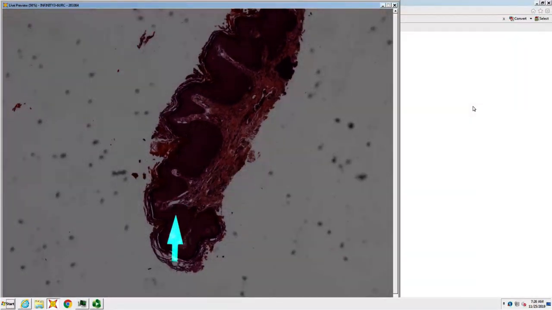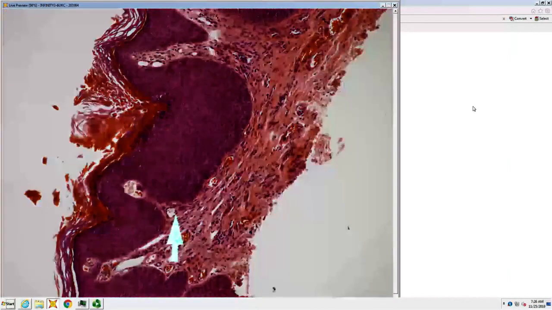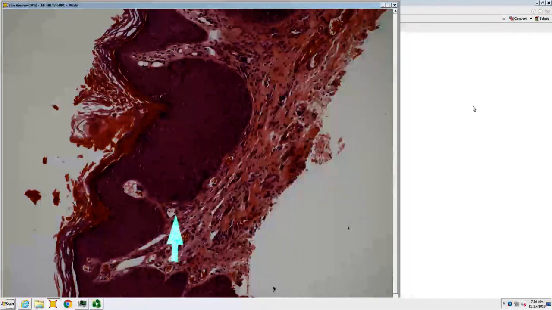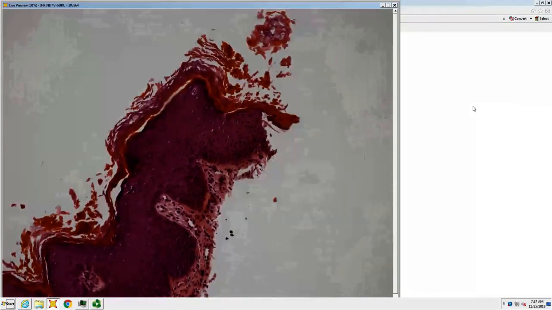So we have acanthosis, and then a little hypergranulosis, but not much. Yeah, shape of the parakeratosis, pretty round. So, like a viral. Yeah, viral like herpes.